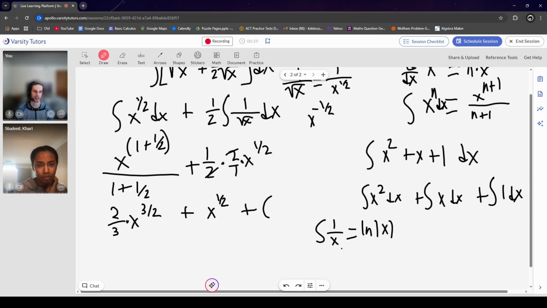One, do I know how to solve this? If I do, great. The other is, can I reduce it into something that I know how to integrate? If so, great. And the last technique is u-substitution. Have you learned that yet? No. Okay, then I won't talk about that anymore.